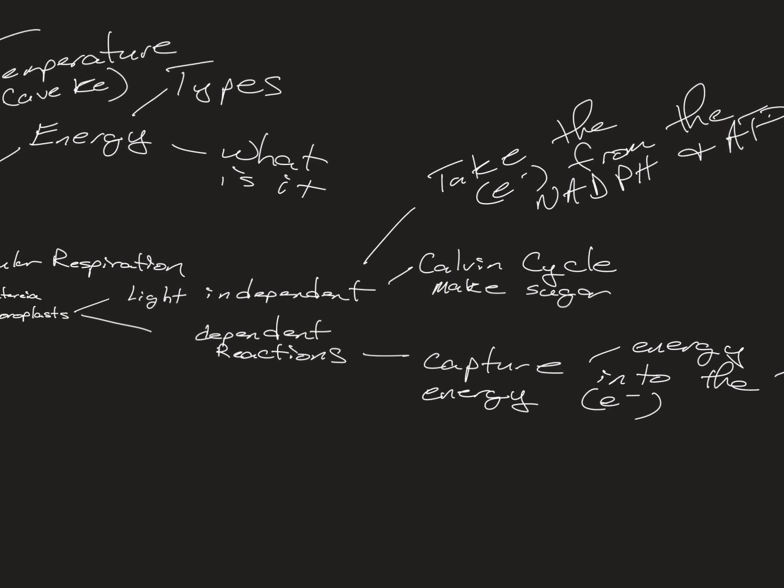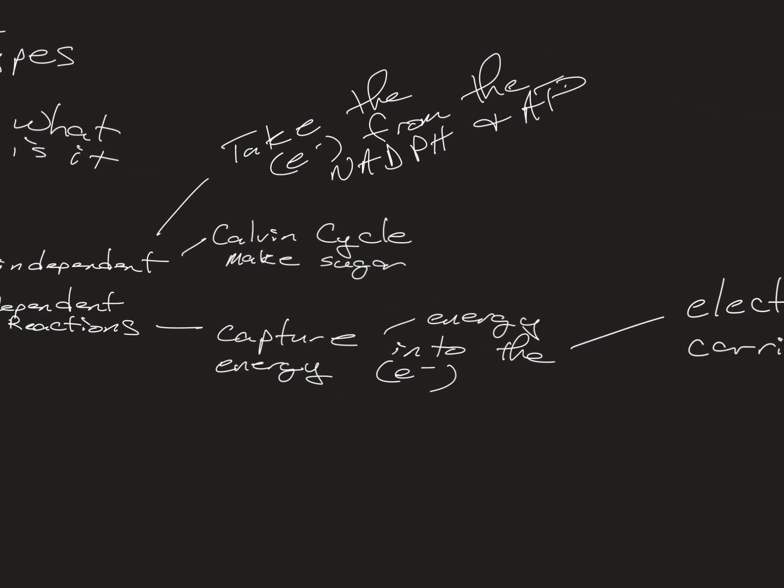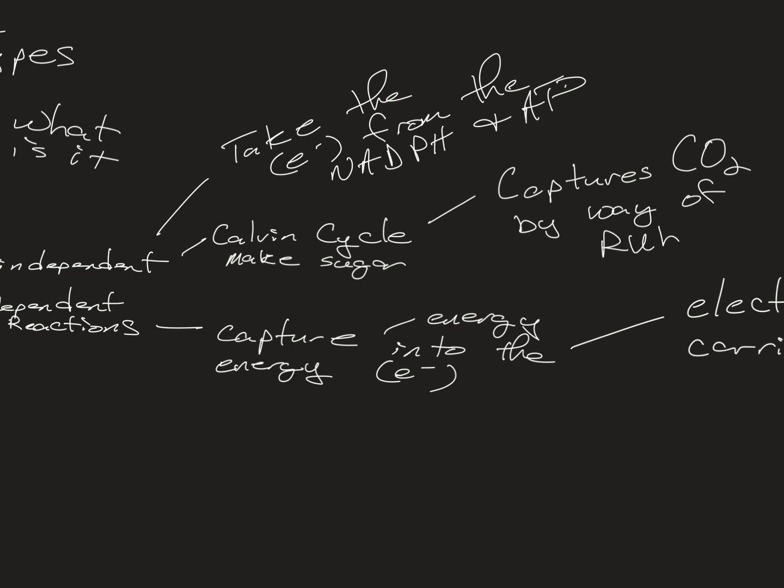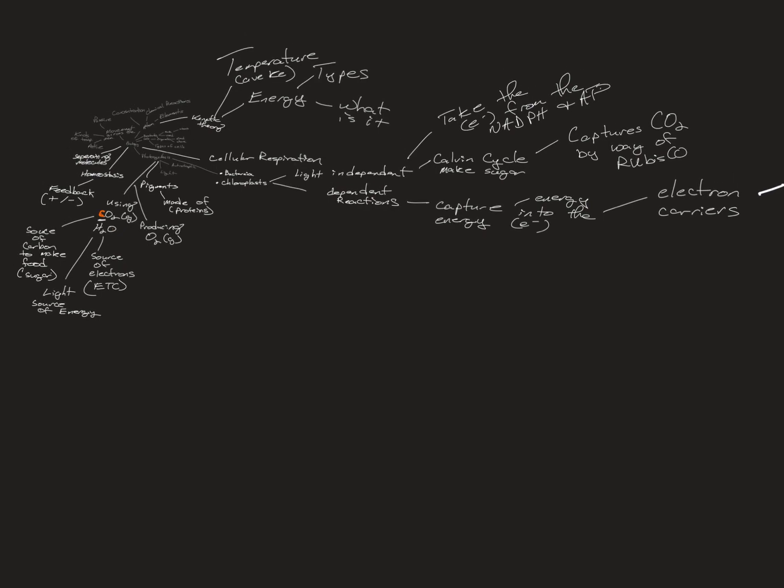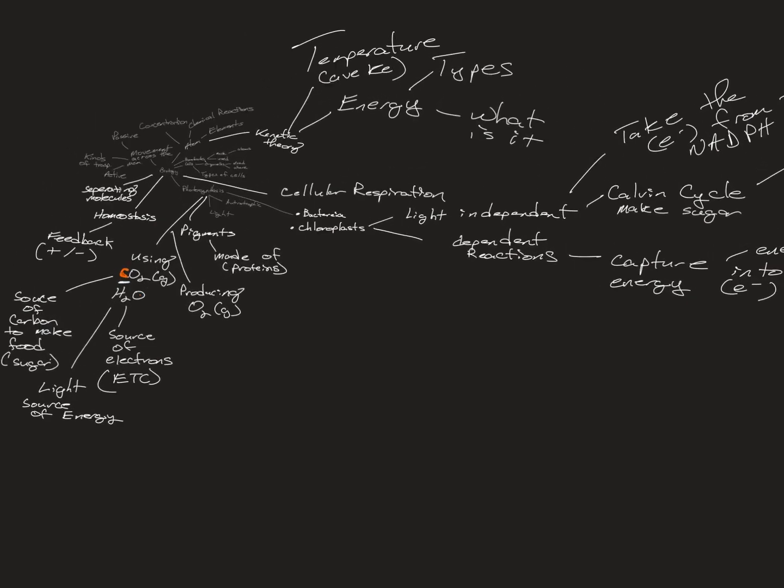And of course, the light independent reactions, the Calvin cycle, uses or captures CO2 by way of rubisco. Right? The most important enzyme, right?